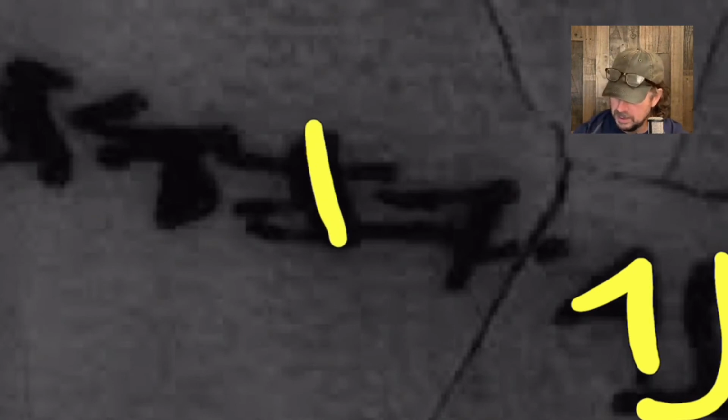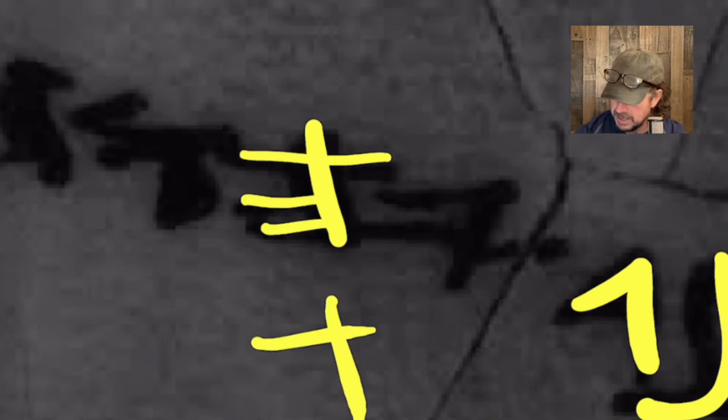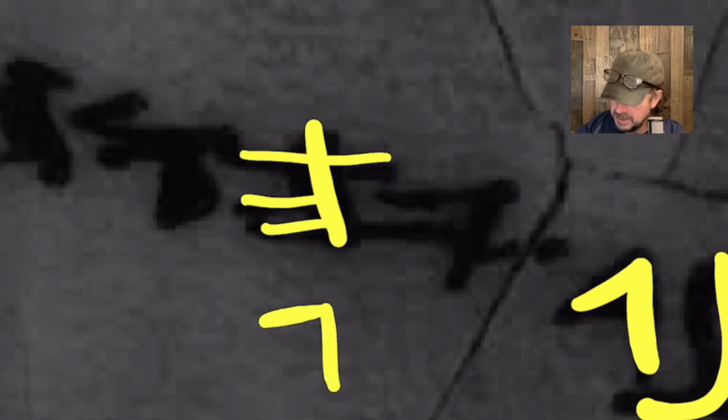You could give him some slack on that Yod, but look at this Hey. The vertical line goes way too tall, and it even crosses over. So it's almost like this that he's making it. And that's not, most of the time the Hey we see is more like this, without that cross at the top. And he does that twice.